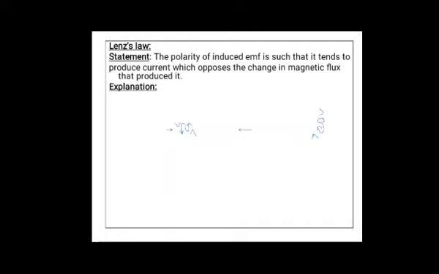Remember one point, if current is flowing in anti-clockwise direction, that face of the coil behaves as north pole. So let me repeat the sentence. If current is flowing in anti-clockwise direction, then face of that coil behaves as north pole. Okay. If current flows in clockwise direction, then the face of the coil behaves as south pole.